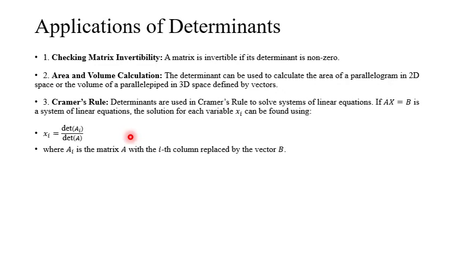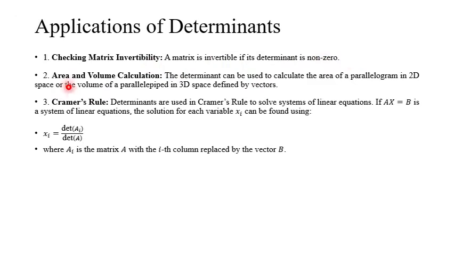All right, we are still discussing determinants. Of course, determinants do have applications, and you can use determinants of a matrix to check the invertibility of a matrix. That is to say, a matrix is basically invertible if the determinant is non-zero, so it can be solved.